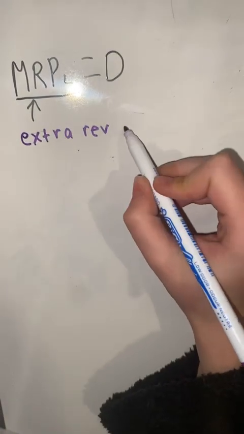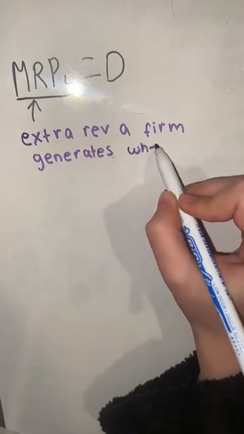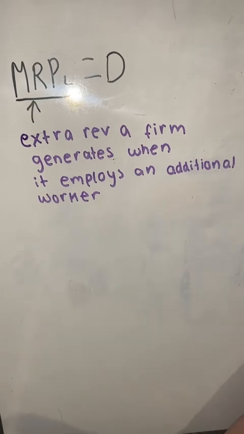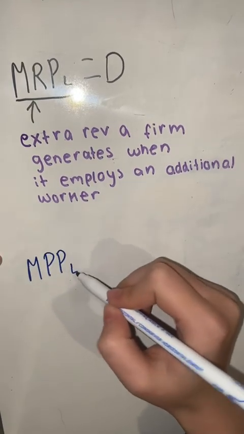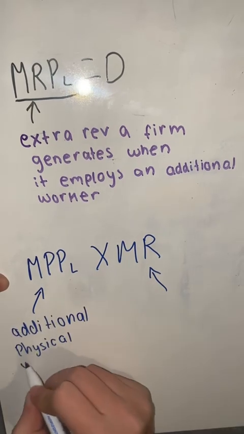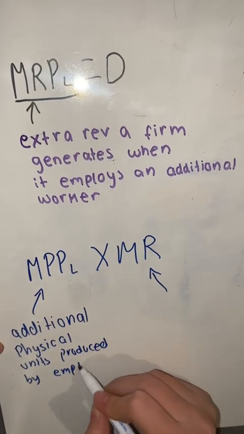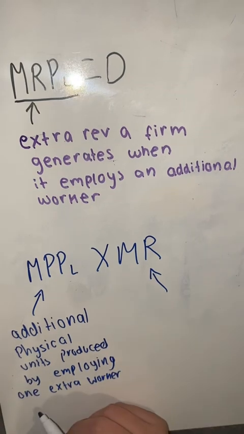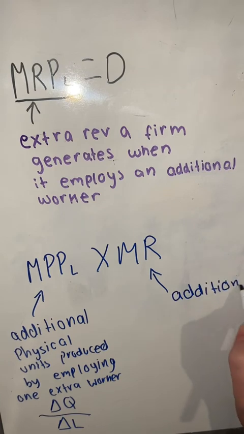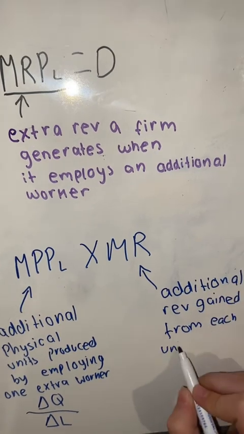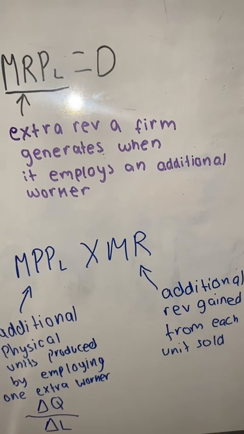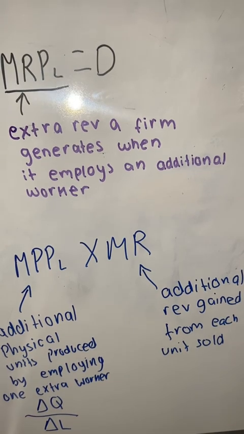Now this can be calculated by MPPL, your marginal physical product of labour, times your MR, which stands for marginal revenue. The MPPL basically just means the additional physical units produced when you employ one extra unit of labour. So it's saying if an extra worker is employed, how many additional units will be made. And the marginal revenue just means the additional revenue gained from each unit sold.